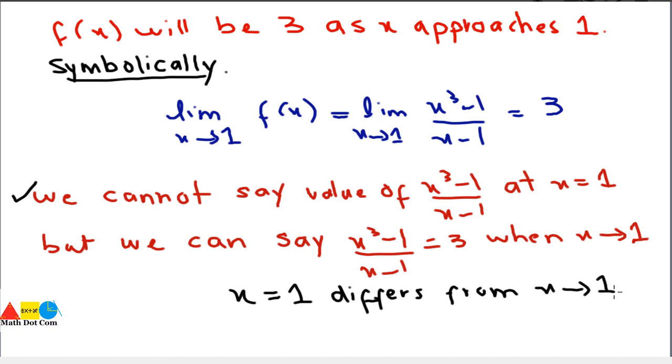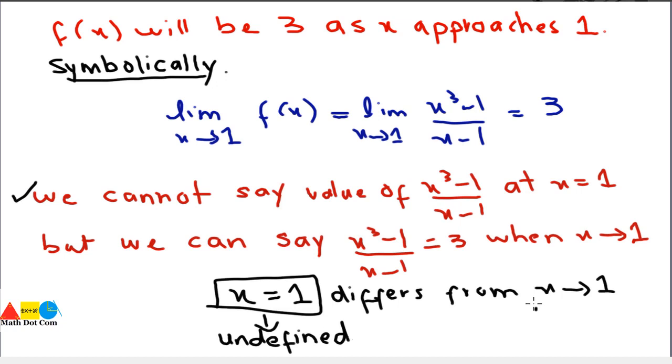In this way, the limits differ, because x approaches 1 and x equals 1 can never be equal, as sometimes at x equals 1 the condition becomes undefined. So in mathematics we prefer to use the statement x approaches 1 rather than x equals 1.